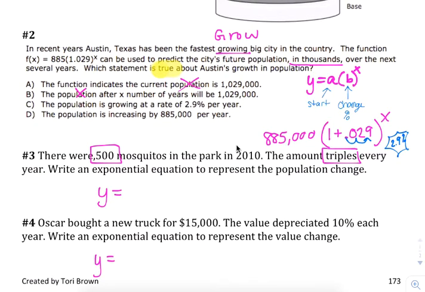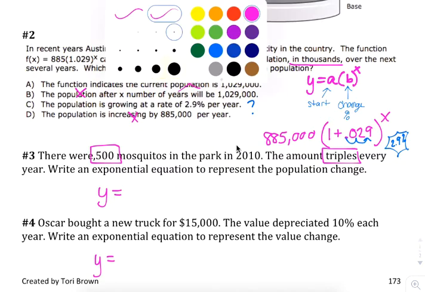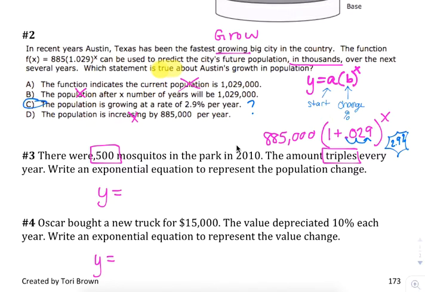So then the only other one we have to check says the population is increasing by 885,000 people per year. No, that's where it started. We're not increasing that much. That's our starting value. Therefore, the only one that makes sense is C. Okay? Take a second, write down anything you missed. We're going to go to problem 3.